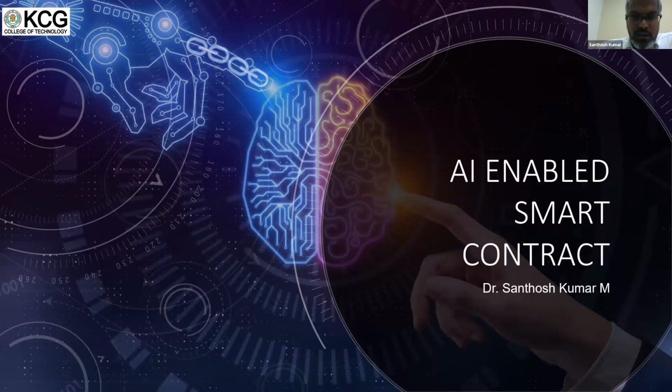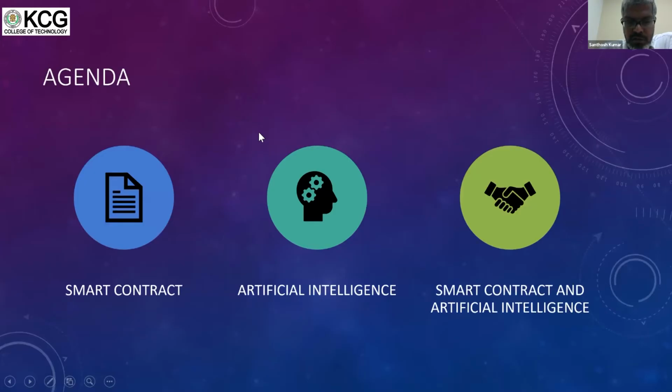Thank you. Good afternoon, everyone. In the next hour and a half, I'll briefly touch upon how AI and blockchains are evolving together and how they're solving the problems with each other. In the next 90 minutes, I will give a brief introduction about smart contracts and some of the challenges associated with them.